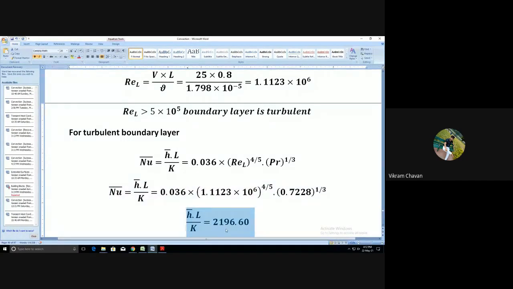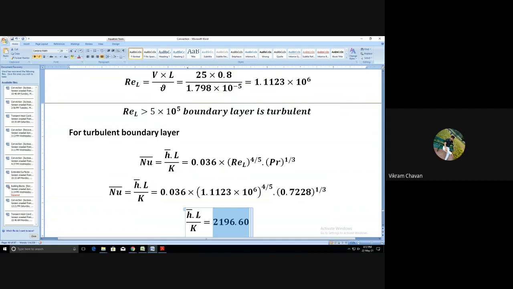Whether you are getting 2196 or anybody, this calculation: 0.036 into 1.1123 into 10 raised to 6 raised to 4 by 5 multiplied by 0.7228 raised to 1 by 3. If you are getting 2196.60, then you have made a mistake in taking the value of L. The L value is provided as 80 centimeter.